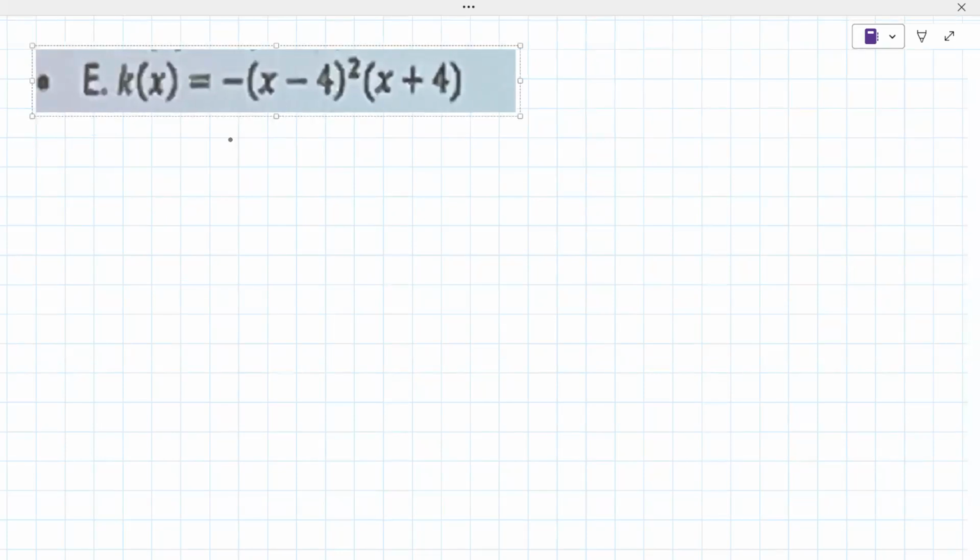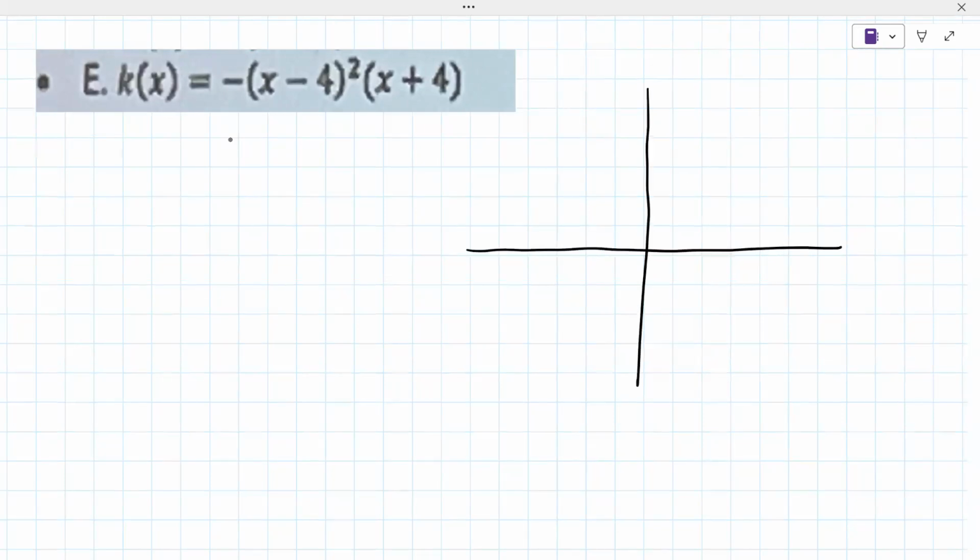This one is a cubic. So you want to know where it hits the x-axis. It hits the x-axis at -4 and 4, but at 4, it's a multiplicity of 2.